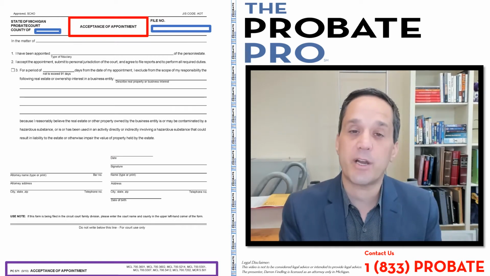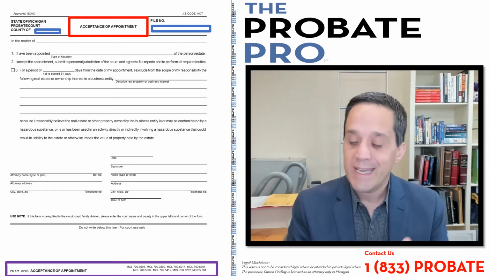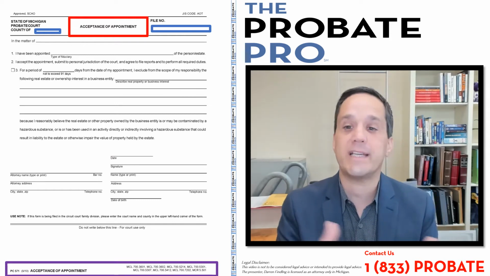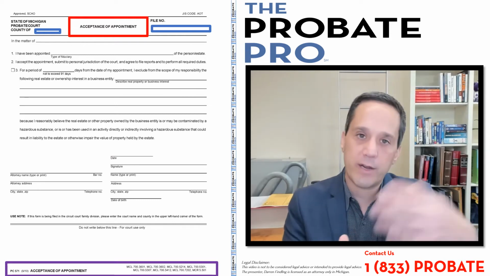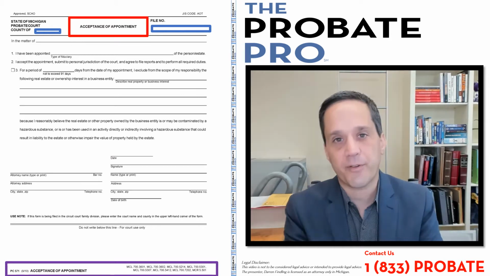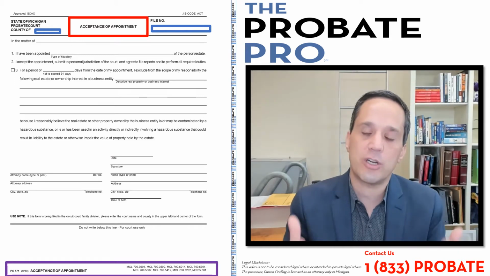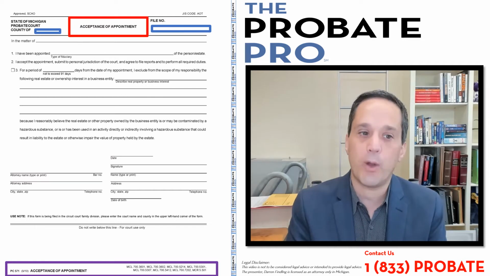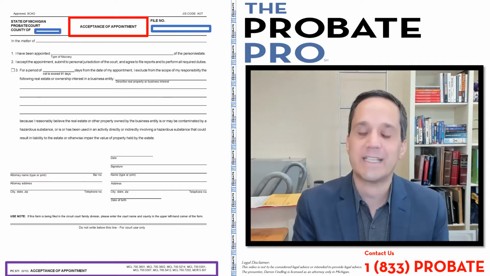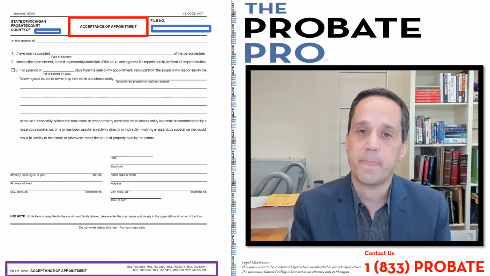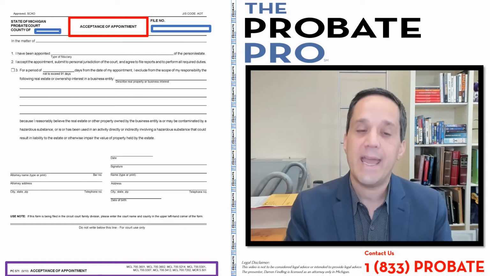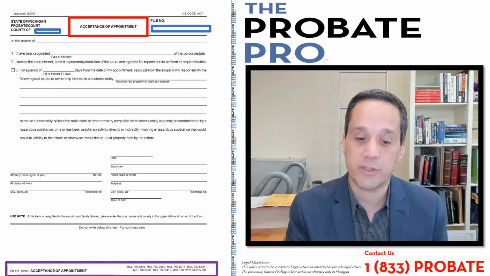Statute MCL 700.5412 is a similar statute, but it relates to conservatorship. Remember, guardianship for care, conservatorship for finances. So the conservator is accepting the appointment, has a right to exclude assets from the representation or their responsibility, and consents to the court's jurisdiction.